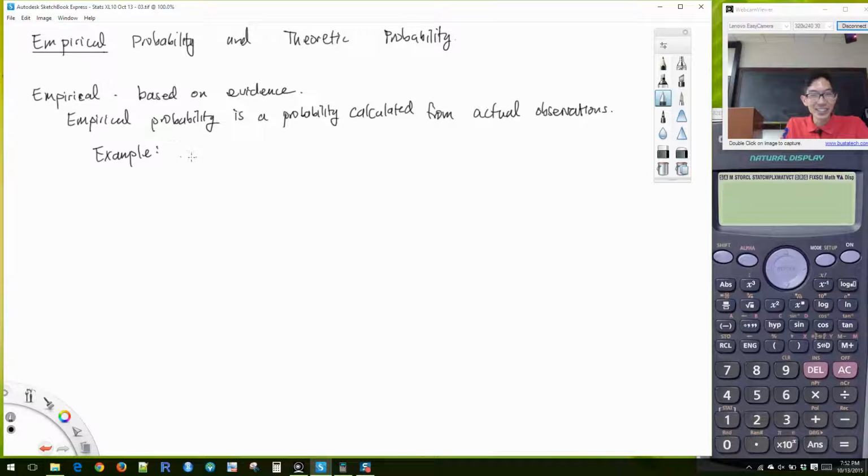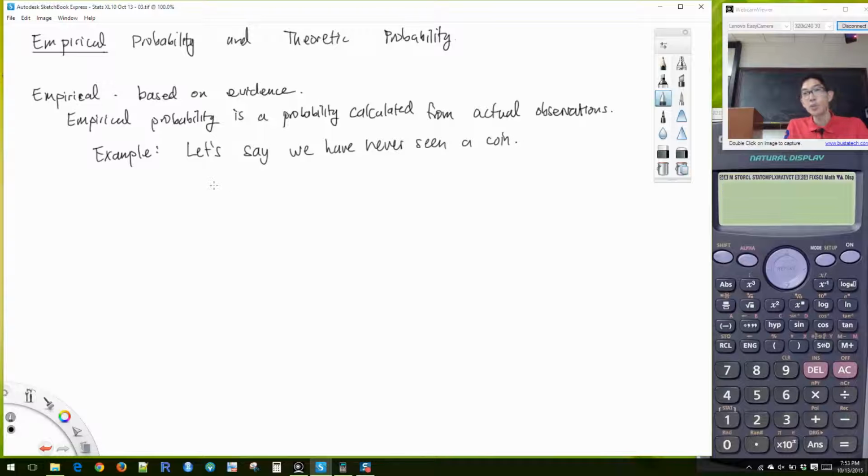All right. Anyway, okay. So let's say we've never seen a coin, and we don't know that it has an equal chance of landing heads or tails.